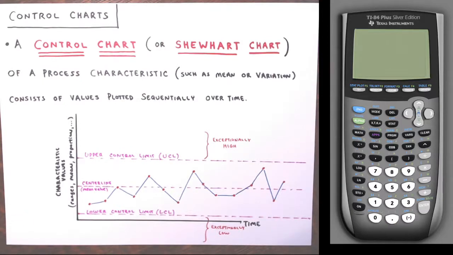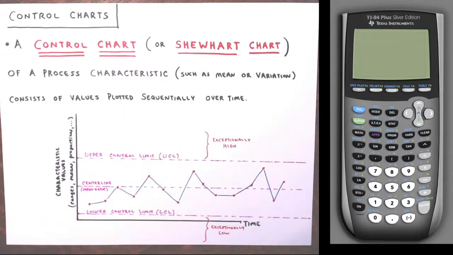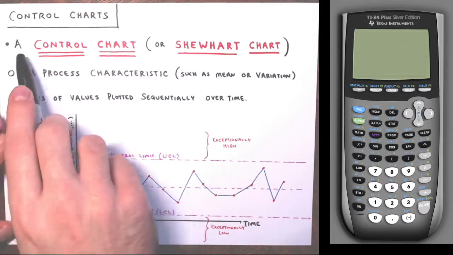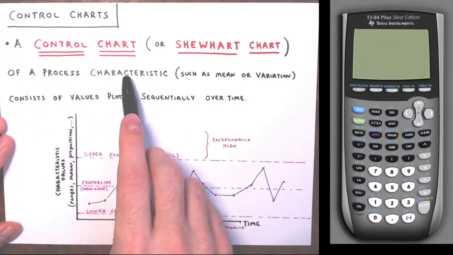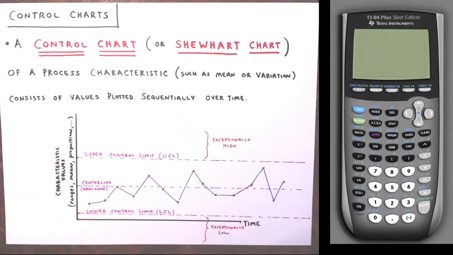We're going to see that kind of a chart today when the characteristic being monitored is some proportion of some attribute. So a control chart of a process characteristic consists of values plotted sequentially over time.